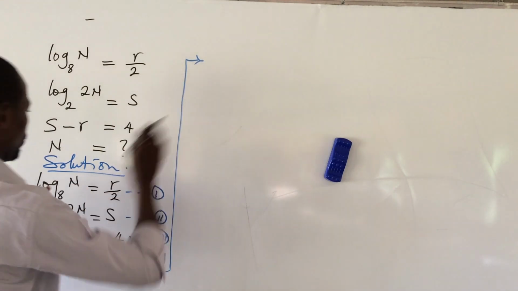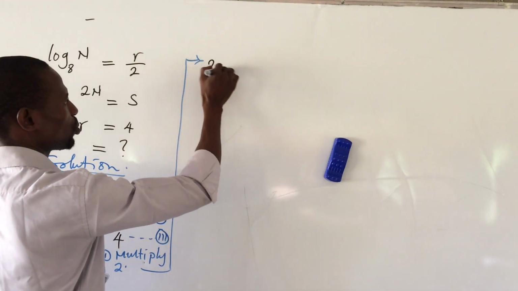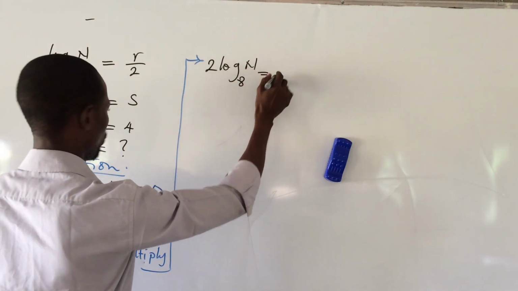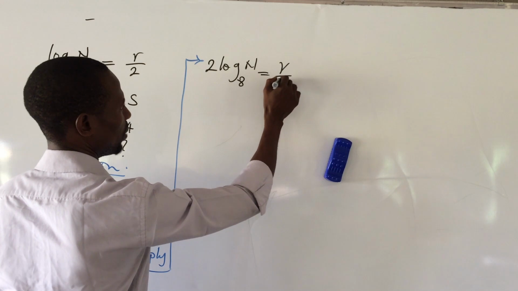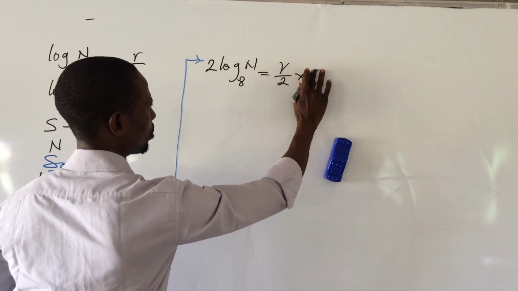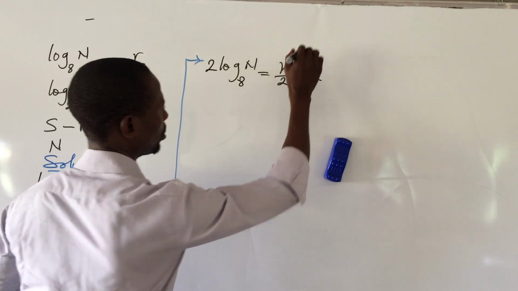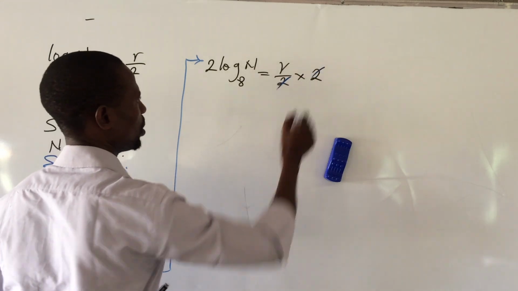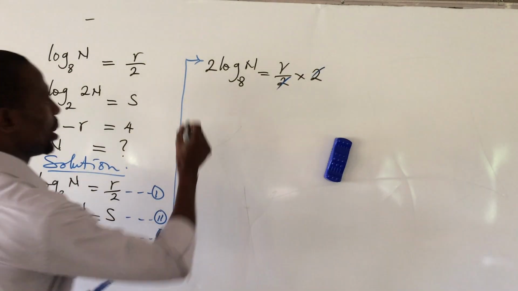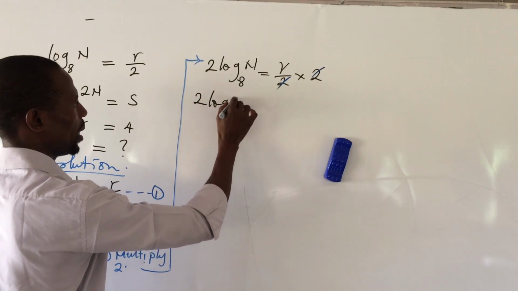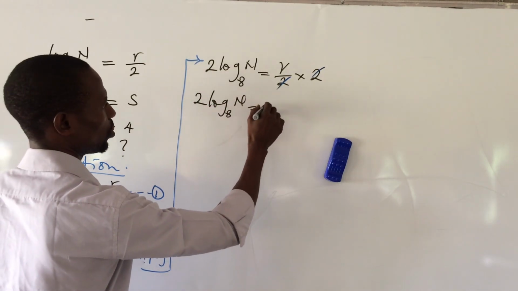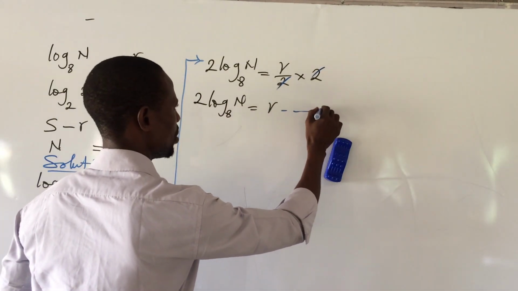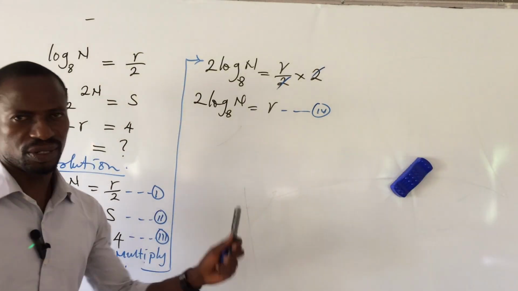If we multiply both sides by 2, it gives us 2 log n base 8 equal to y over 2 times 2. The 2 cancels with this 2. So we are now left with 2 log n base 8 equal to y. Now that we've gotten our y, let's label this equation 4.